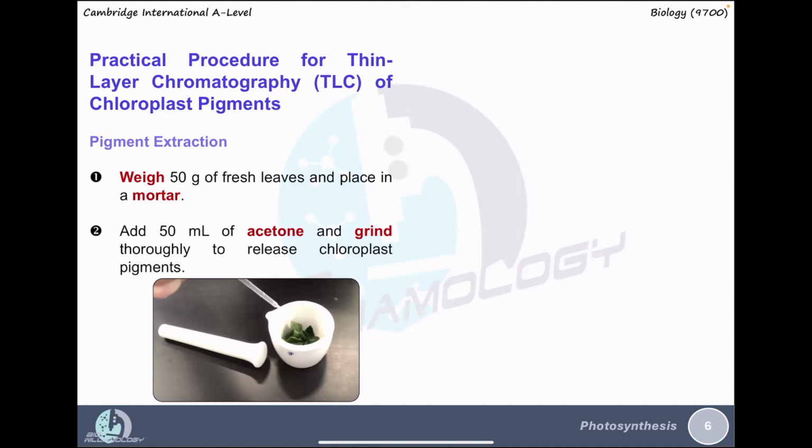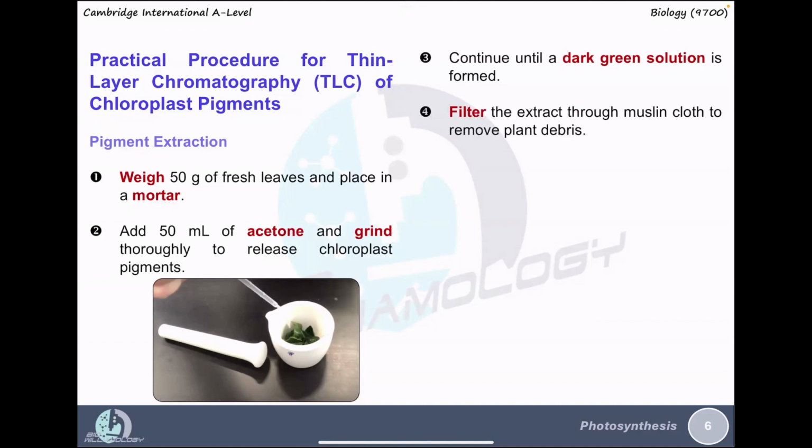By grinding this leaf, we will be able to release the chloroplast pigment, dissolved in acetone. We continue to grind until a dark green solution is formed, and we must filter the extract through muslin cloth to remove the plant debris.